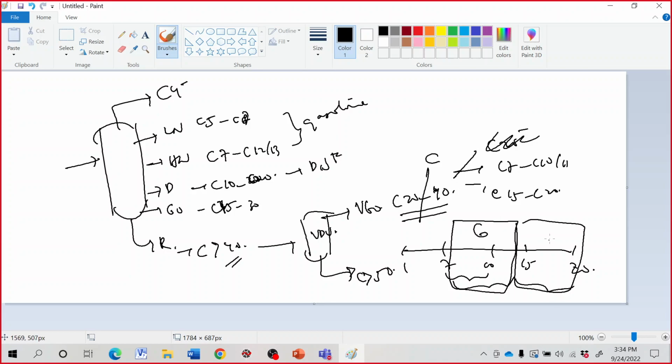Because this is then the gasoline, and this is then the diesel that, roughly speaking, we want to make. Out of this thing, we want to make this amount of component.